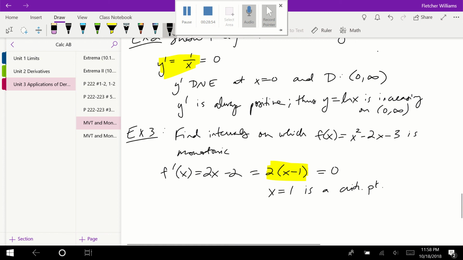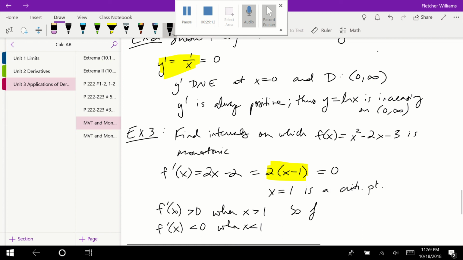So we say it like this. We say f prime of x is greater than 0 when x is greater than 1. Derivative is less than 0 when x is less than 1.